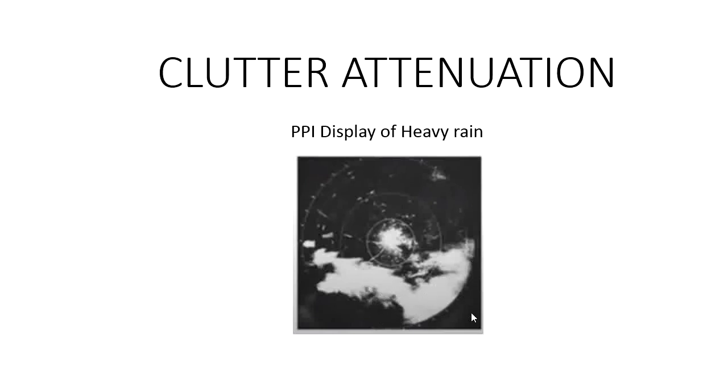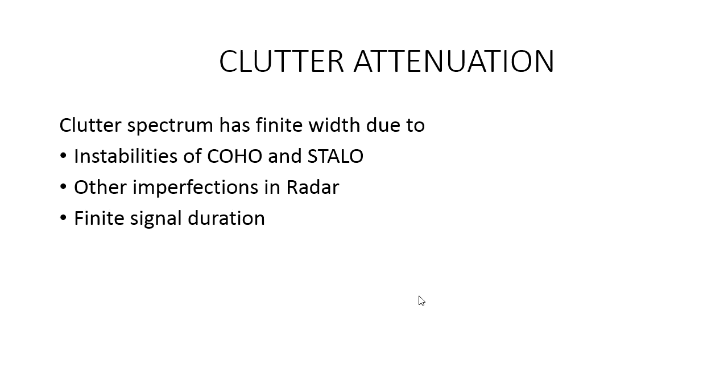So the main job of clutter attenuation is to discard the clutter signal from the echo signal of the moving target. Here in clutter attenuation, what parameters come into the picture? As we know, in the MTI radar we have two oscillators at the transmitter, the COHO and the STALO.